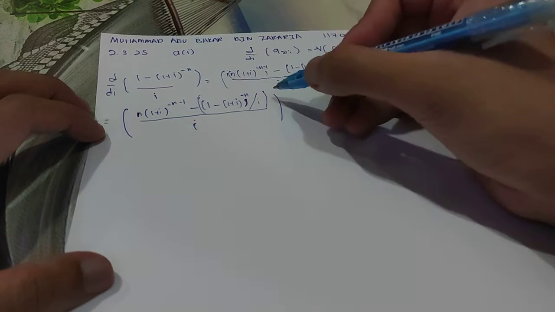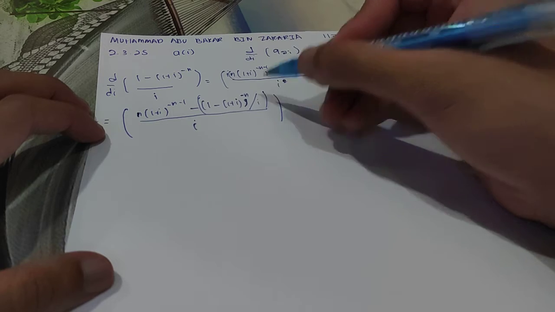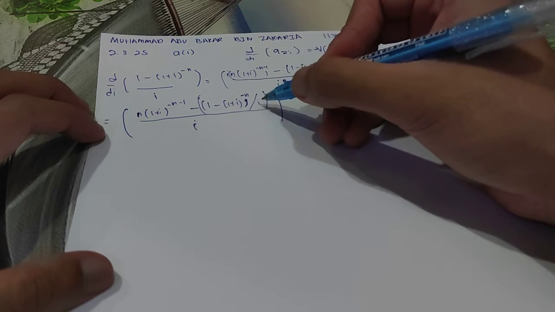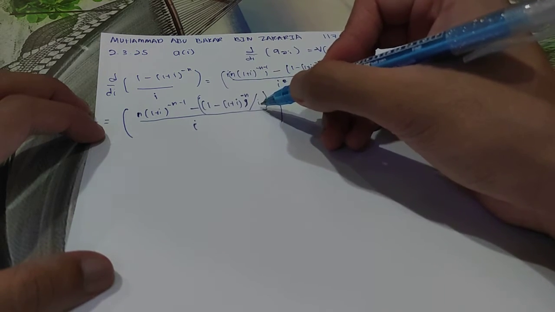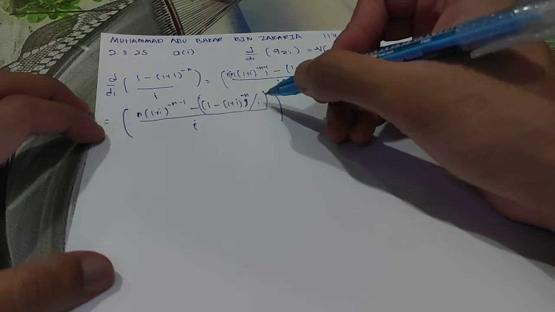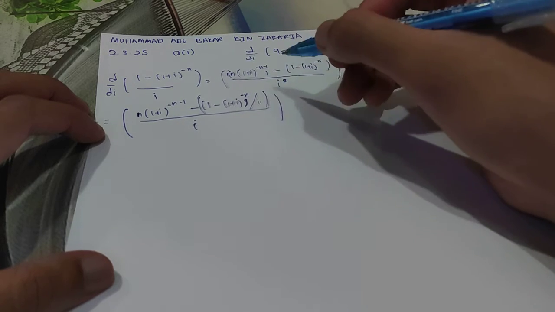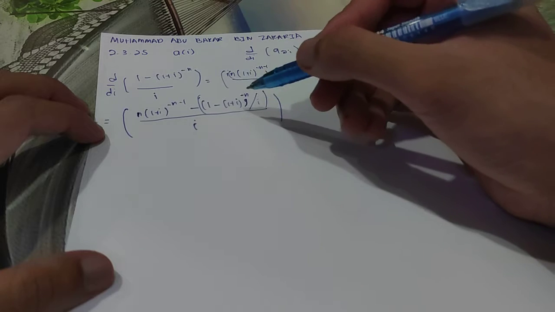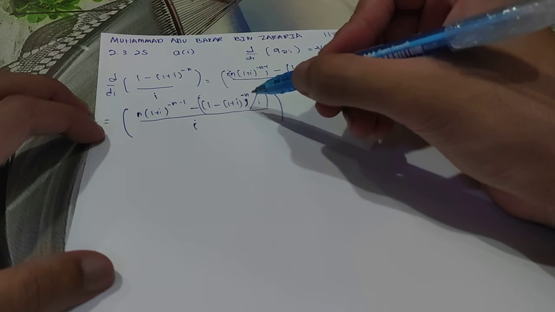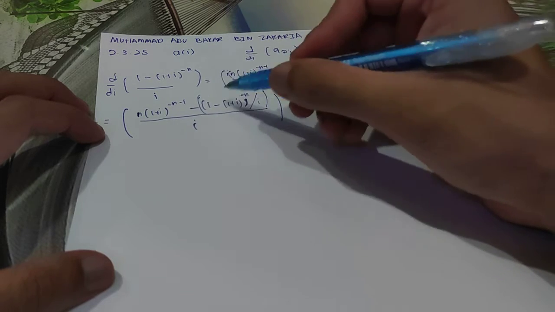So now we know that this is the annuity-immediate. We need to transform this to annuity-due, because in the increasing annuity there is annuity-due on this side.